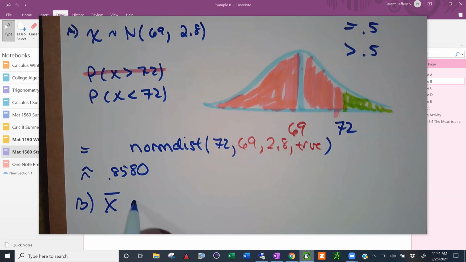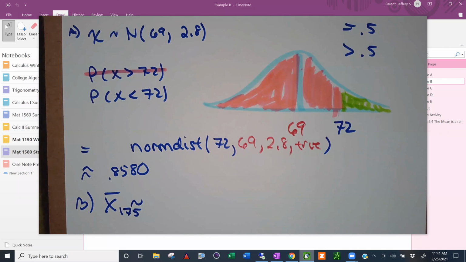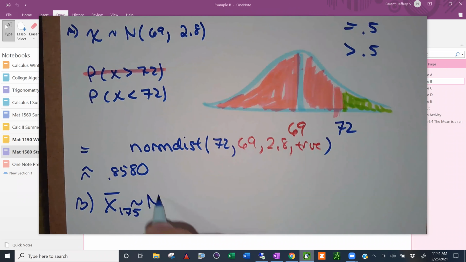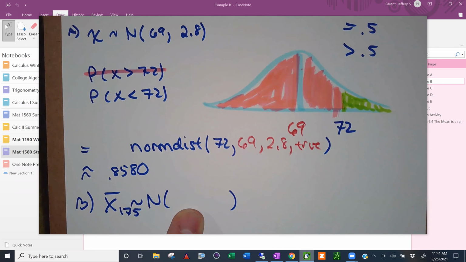How many men did we have? Was it 350? 350 divided by 2, because half of them are men, so 175. See if you can write down the mean and standard deviation of this new variable. Let's look at that together.